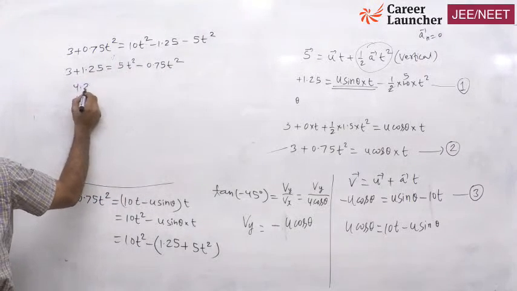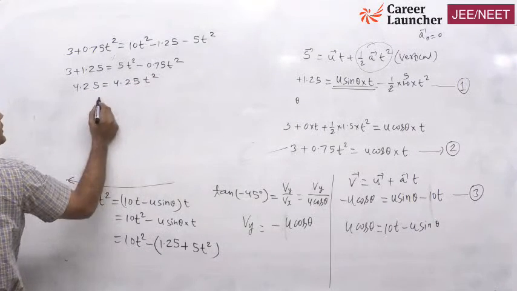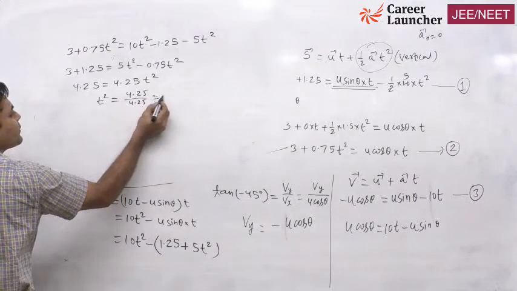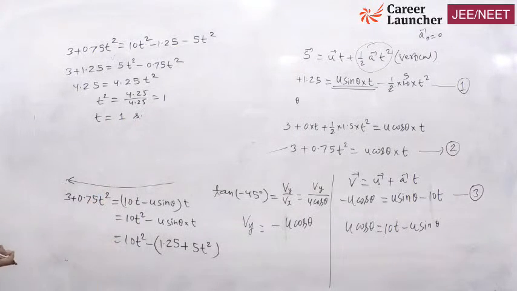This becomes 4.25 equal to 4.25t squared. So t squared equal to 1. So t cannot be a negative quantity, so take plus 1 second. So after 1 second, it's going to collide in this case.